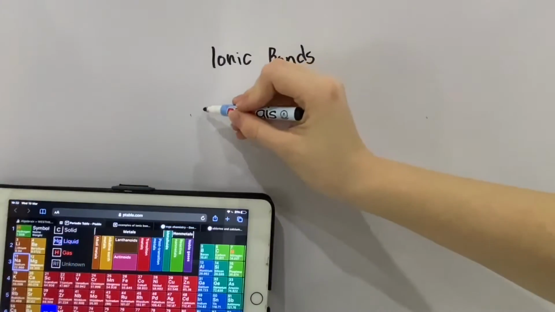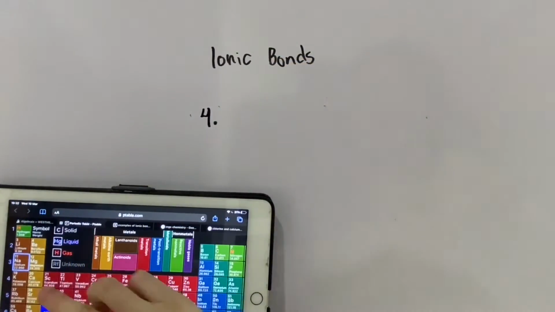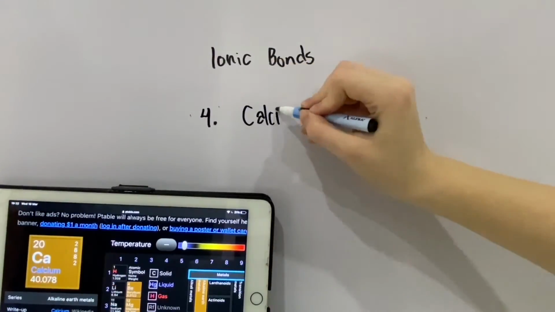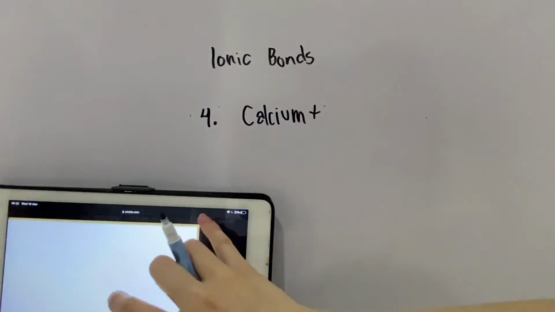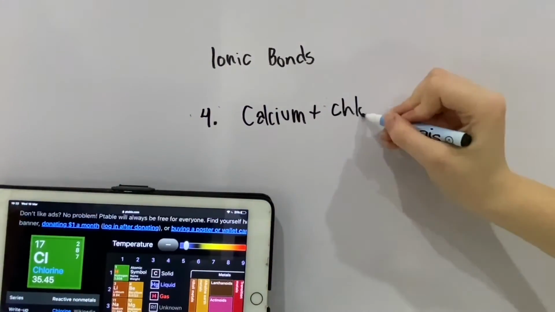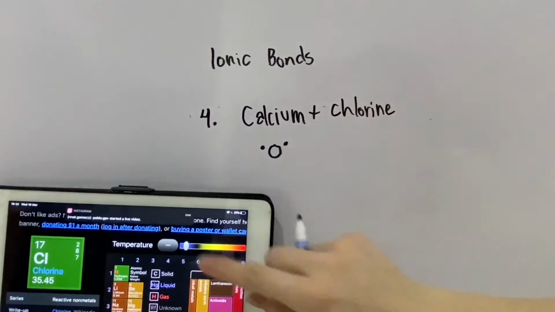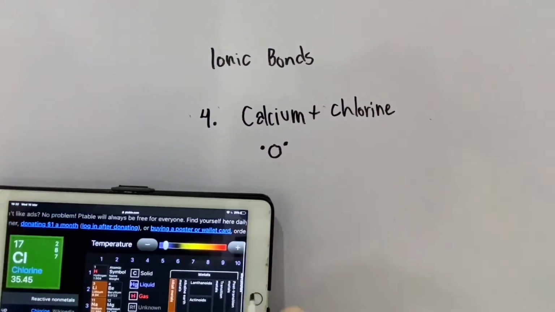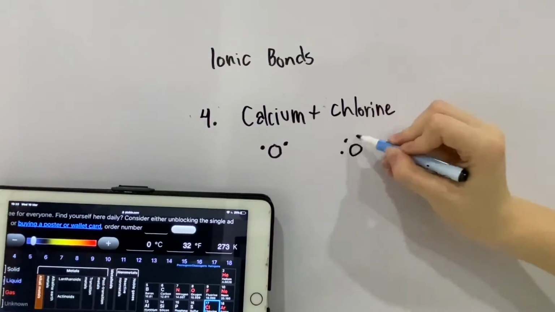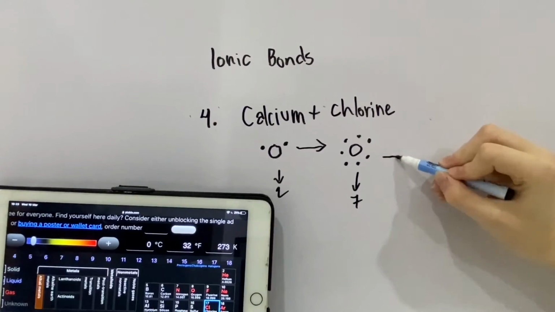And last but not least, for the ionic bond examples, we have the element calcium plus chlorine. Calcium is in the second group, which means it has 2 electrons, and chlorine is in the 7th.